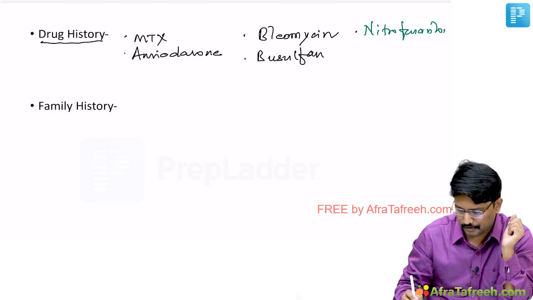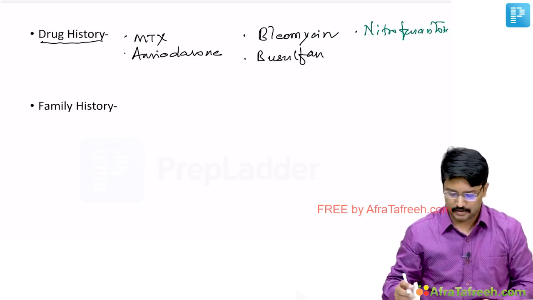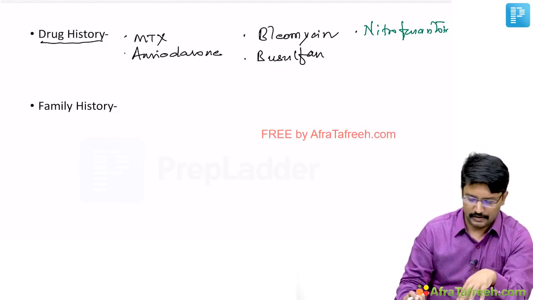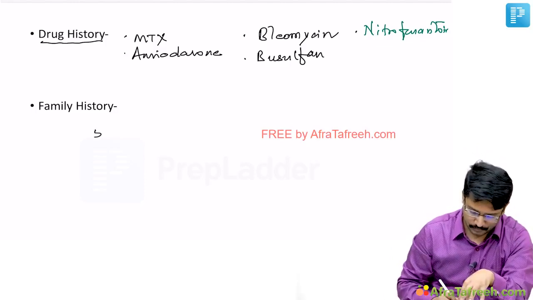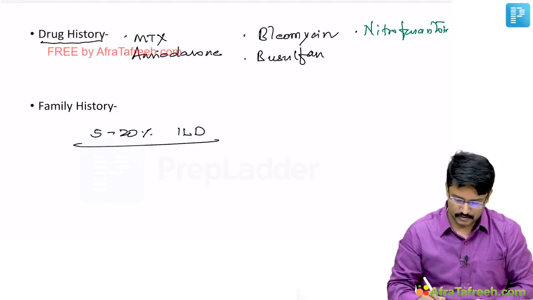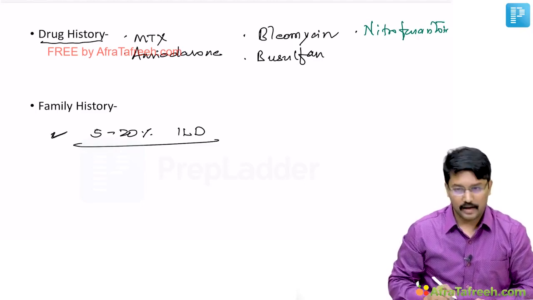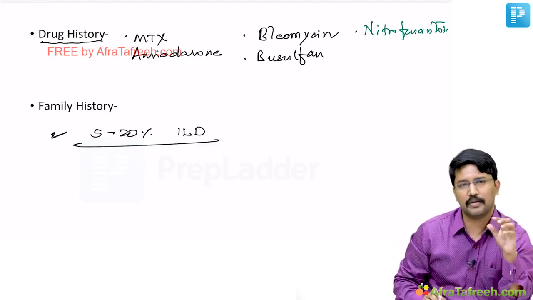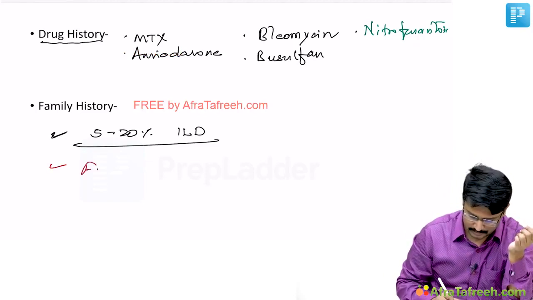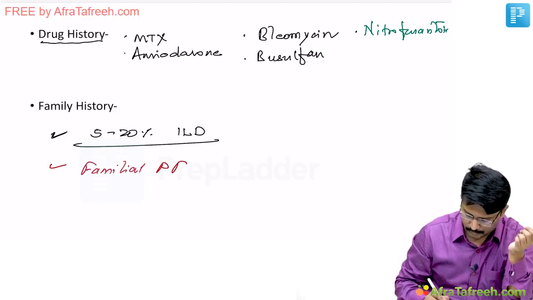I did mention that nitrofurantoin is also associated with eosinophilic pneumonias. What is the relevance of family history? Family history, 5 to 20% patients of ILD of any pattern have family history. Okay. And we have recognized a familial form of interstitial lung disease which we call as familial ILD or familial pulmonary fibrosis or FPF.